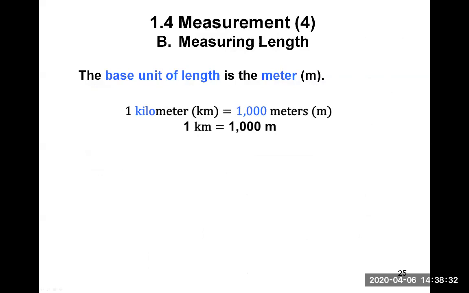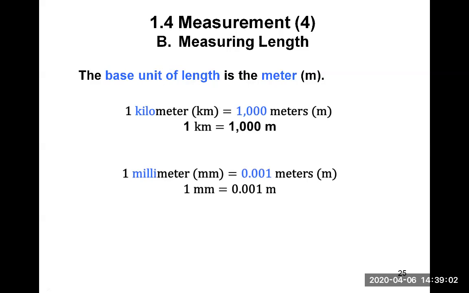So 1 km, 1 kilometer, is equal to, and then you change the prefix by its value. Kilo has a value of 1,000. So you change kilo to 1,000 and you rewrite the base unit, which is meter here. There you go, you have the equivalence that says 1 kilometer equals 1,000 meters.